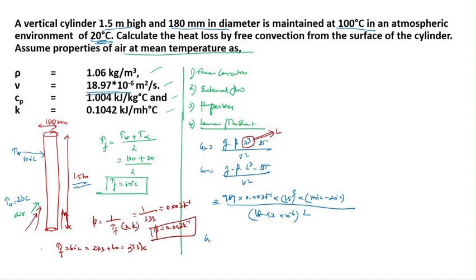After substituting the above values in the Grashof number equation, you get the Grashof number, which is around 2.208 into 10 to the power of 10.